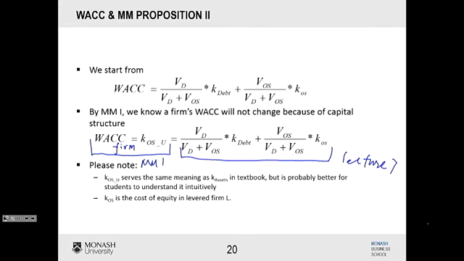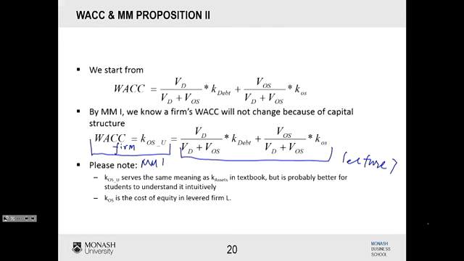So what we have done, we don't do anything new here. This part, lecture 7. This part, MM1. Let's put this together and see what the cost of equity is when the debt ratio increases or decreases.